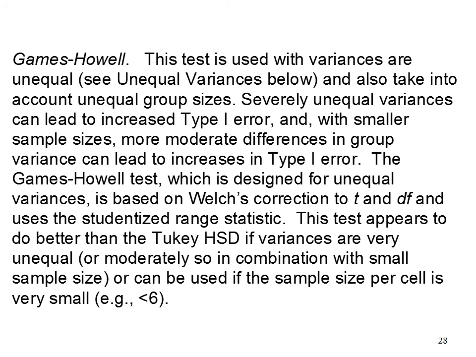Games-Howell makes two major adjustments. First, instead of assuming homogeneity of variance, it recomputes the standard error for each paired comparison based on the variances of only the two groups being compared. Second, to deal with type 1 error inflation, it uses Welch's correction, like we've seen a few times now, to the degrees of freedom.